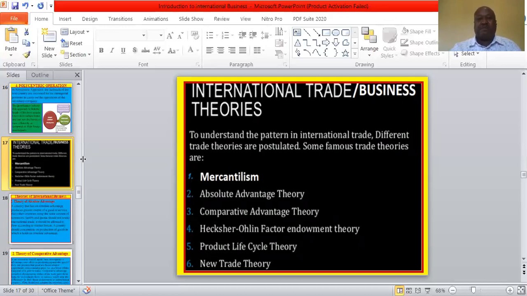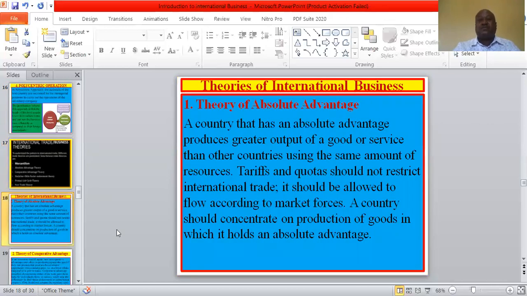One is mercantilism, two is absolute advantage theory, three is comparative advantage theory, four is Heckscher-Ohlin factor endowment theory, five is product life cycle theory, six is new trade theory. Let's look at them in detail and in turn.